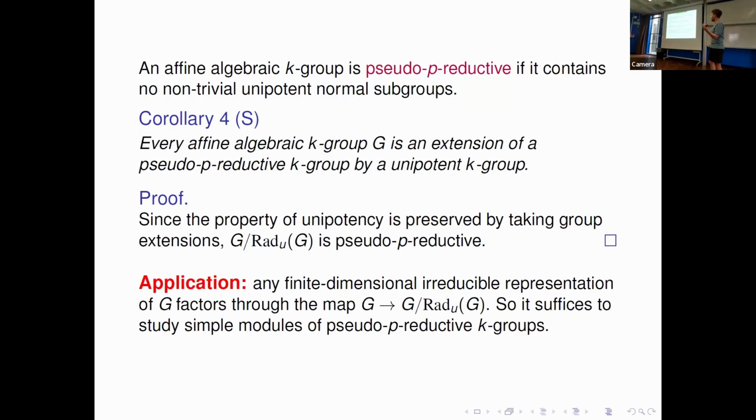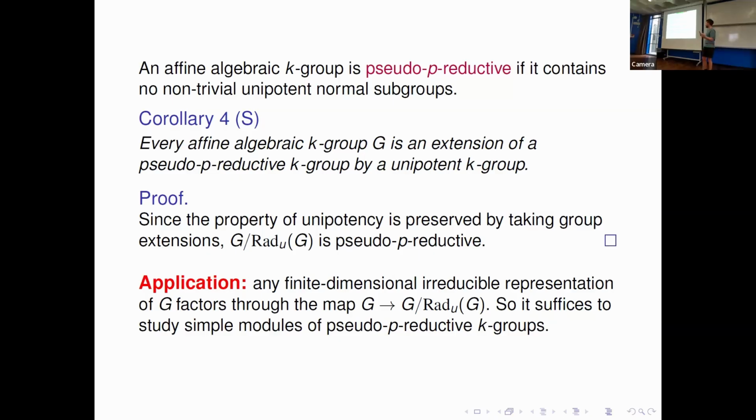But the main application here, and I think Mike mentioned this yesterday, is that when you're looking at irreducible reps of smooth connected affine algebraic groups, you can quite easily mod out through the unipotent radical, because unipotent groups always fix a vector. So you can do exactly the same trick here.